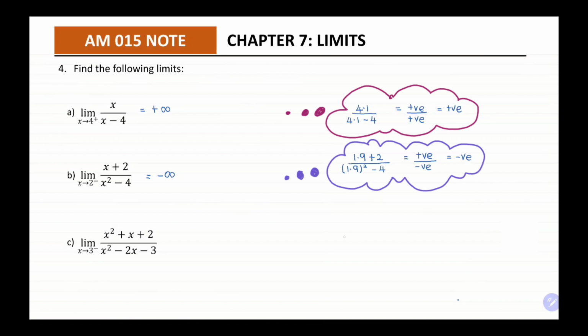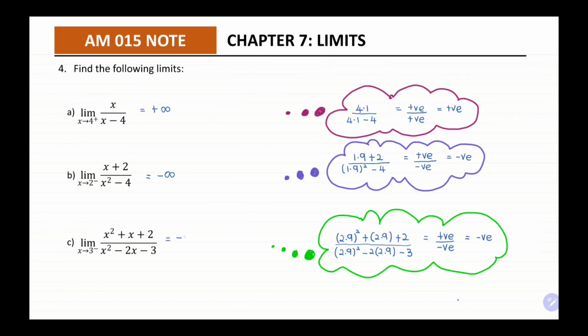So we substitute 2.9 squared plus 2.9 plus 2 over 2.9 squared minus 2 times 2.9 minus 3. Positive for the numerator and negative for the denominator. So positive over negative is negative. Okay, so the answer is negative infinity.